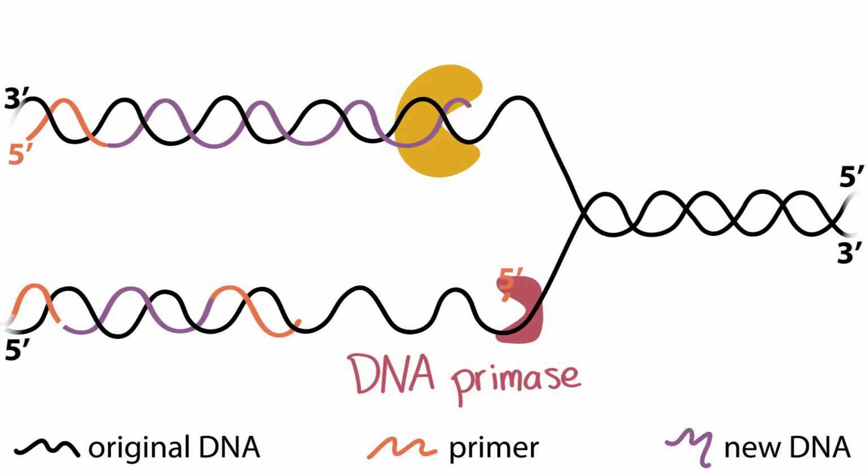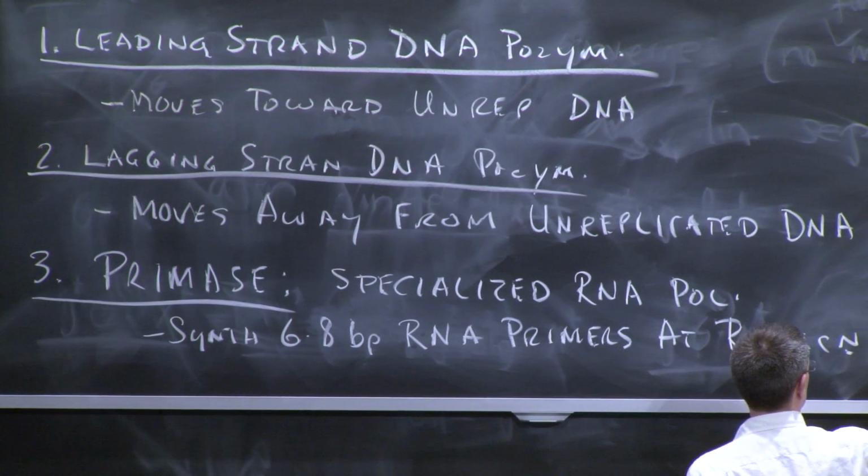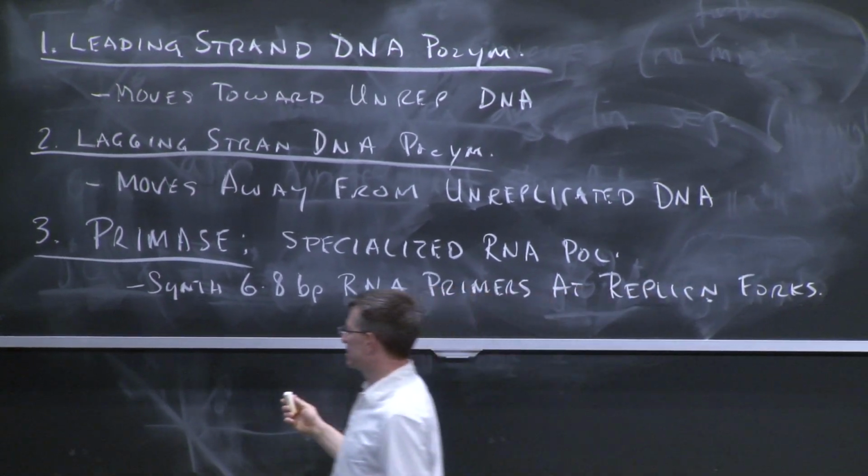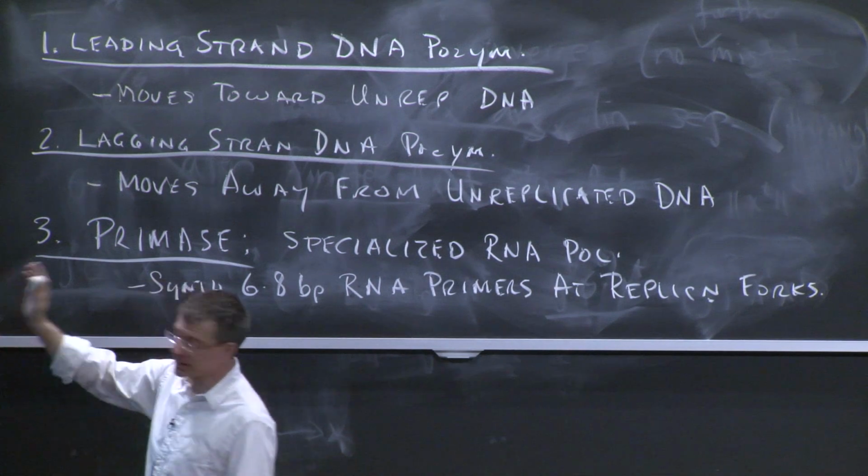And it synthesizes 6 to 8 base pair RNA primers at replication forks. Okay? And the reason it synthesizes them at replication forks, well, actually, I'll come to that in a second.